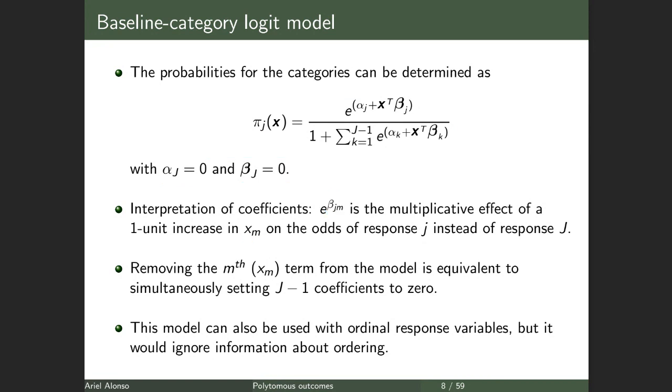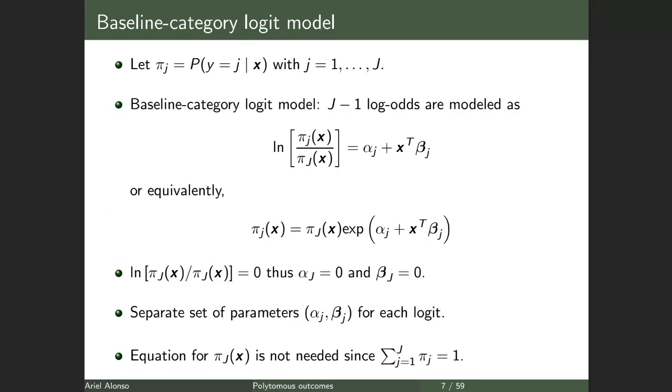It's very similar to logistic regression. e to the power beta_jm is the multiplicative effect of a 1 unit increase in x_m, if x_m is continuous, on the odds of response j instead of response J, the reference response. And to see that, you only need to go back to here, and then you write down this logit for x and this logit over here for x plus 1.